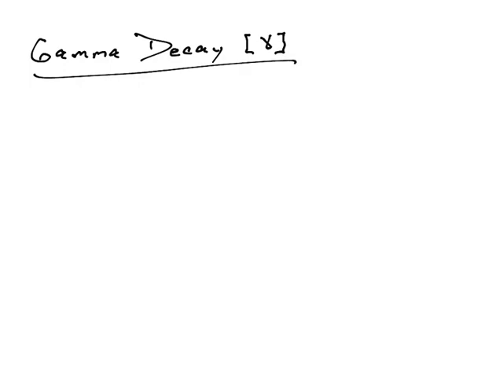This one's the easiest, gamma decay. The symbol, of course, Greek letter gamma. Gamma is the easiest because what happens here is you have a parent, Z A, undergoes gamma, and you get a daughter plus gamma radiation.